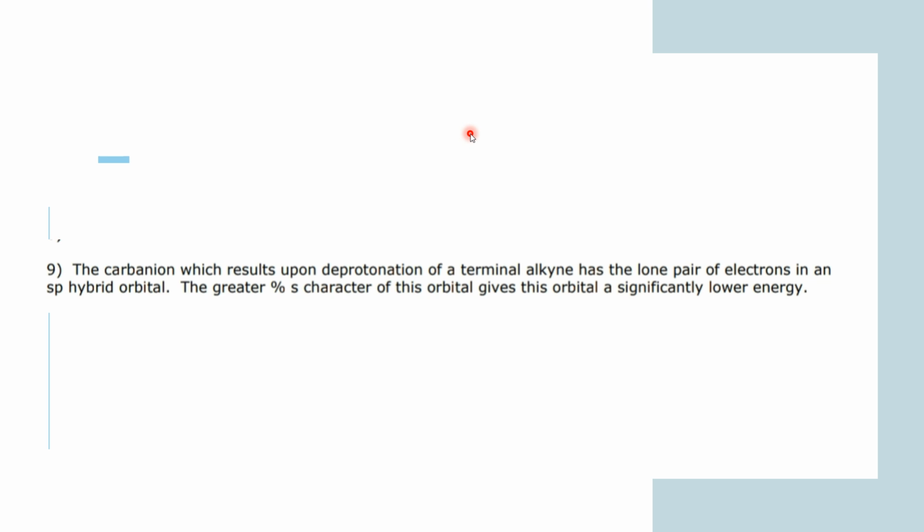The greater the percent s character of the orbital, the lower will be the energy of the orbital. Hence, the stability of the species being formed will be more. So the driving force will be higher to generate the stable species, isn't it?